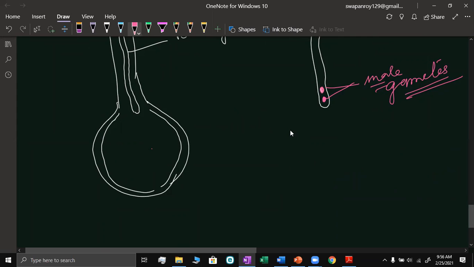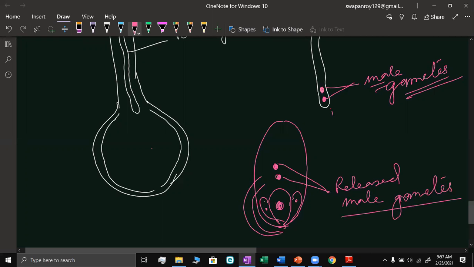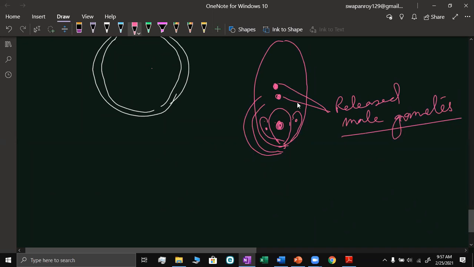Through the synergids, and ultimately through the micropyle, this pollen tube enters the embryo sac, and here it releases the two male gametes. This is the released male gamete.